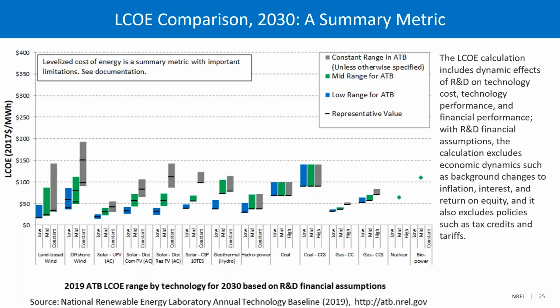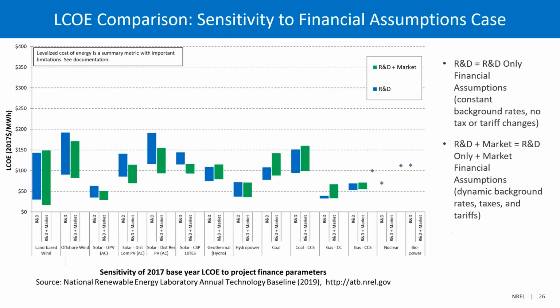We do include the R&D effects on technology cost in this R&D financial assumptions case, and then we have a second financial case for calculating LCOE that includes the market effects as well. So this slide shows the sensitivity to those two financial cases.